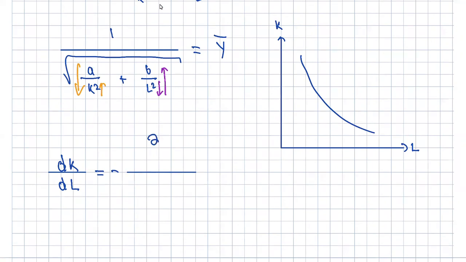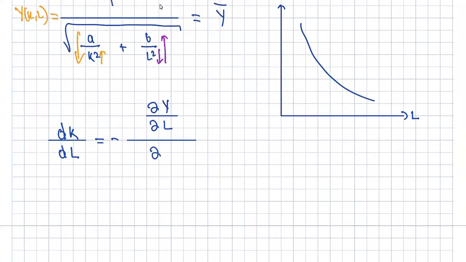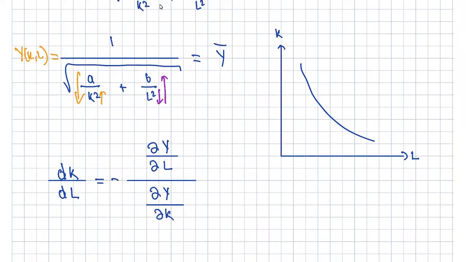Of the entire expression, so y bar. That's right. So, well, I can think of this as being some function y of both k and L. Absolutely. So I'm going to take the derivative of the function y with respect to L. With respect to L. And similarly in the denominator, but with respect to k. Excellent. This with respect to k.